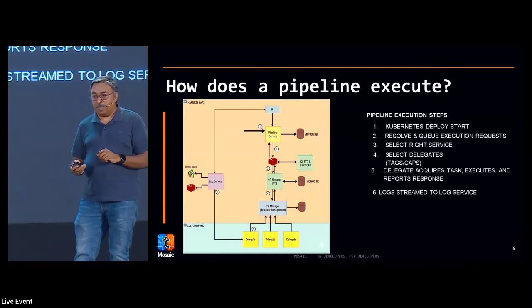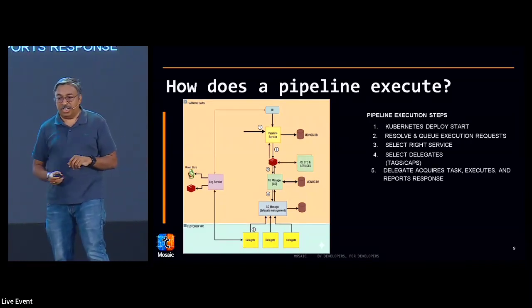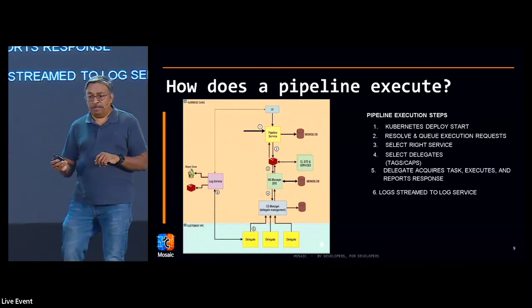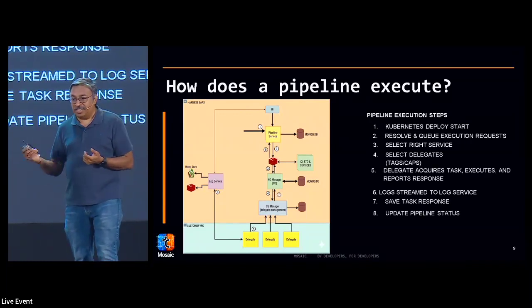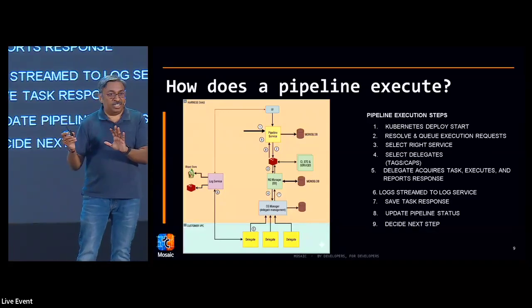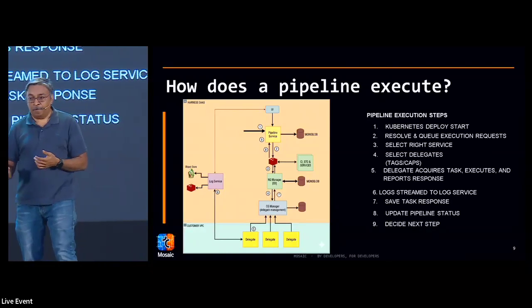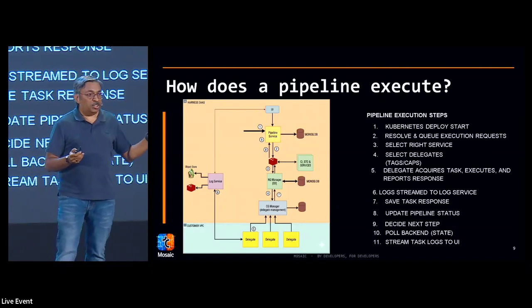Now, the delegate acquires a task and executes the request. The response is streamed back. The response comes back, and the pipeline is getting executed. Once this execution finishes, it goes on to execute the next step.